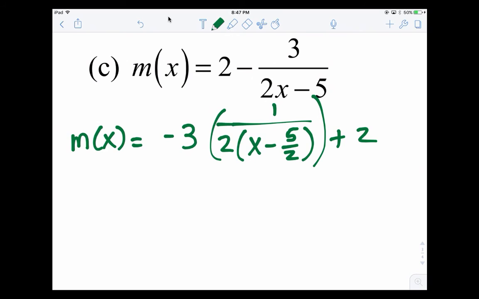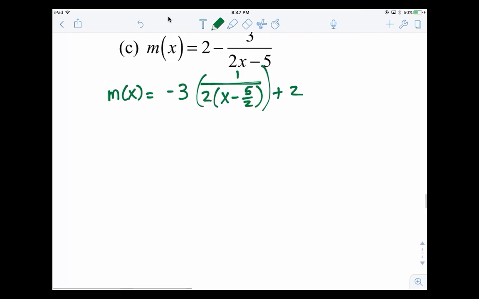So by taking out the 3, again, I know exactly what's going on with my function. So now I have an x-axis reflection, vertical stretch by 3. I'm shifting it to the right 5/2, and I'm also horizontally compressing it by 1/2, and I'm shifting it up 2. Alright, so this one has a lot going on.